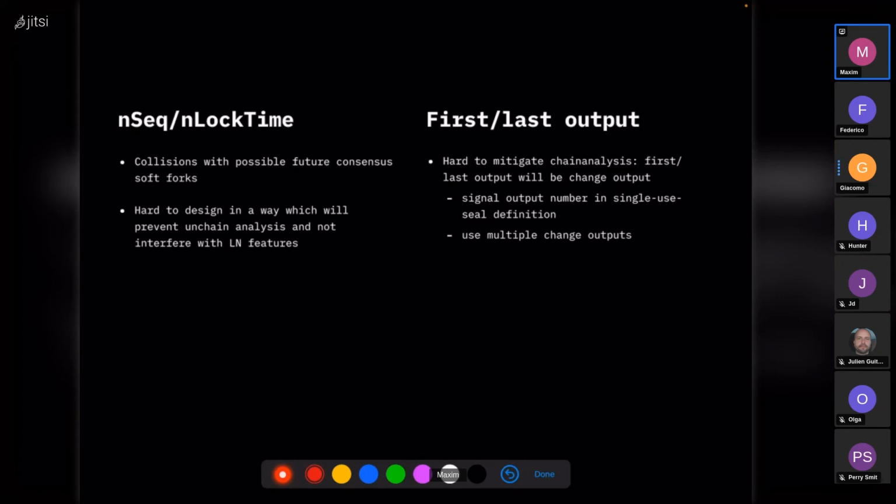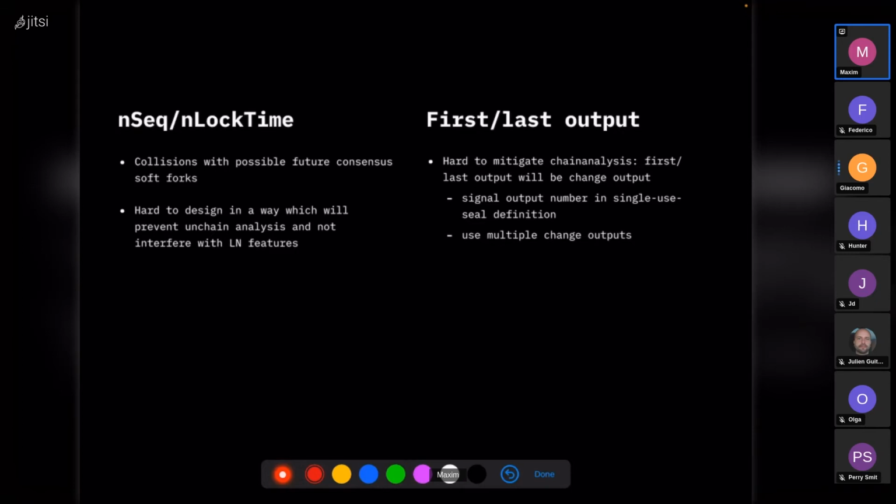First of all, one of the reasons we could not use the previous single-use seal, if I remember correctly, is also that I could just send transactions to myself many times before sending to you in order to double spend. I can attack by sending to myself several times and creating two stories.